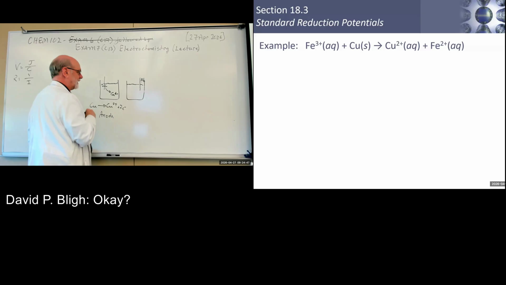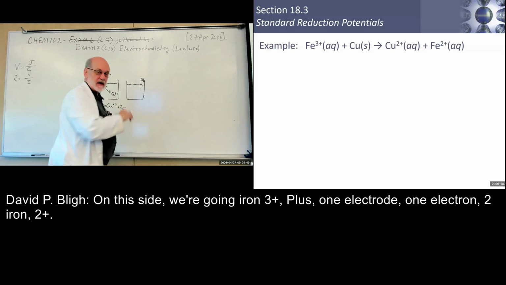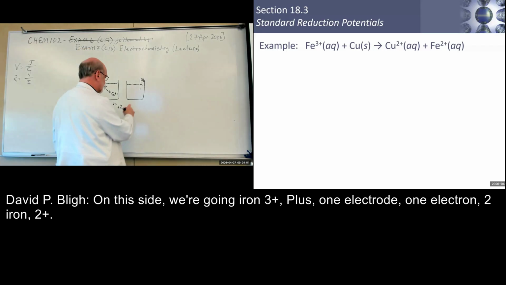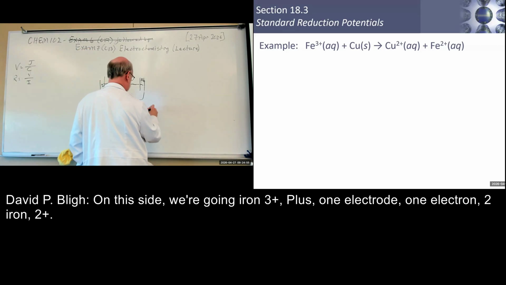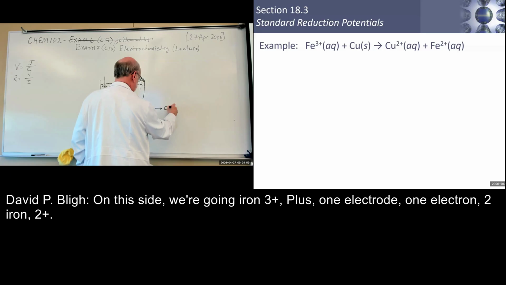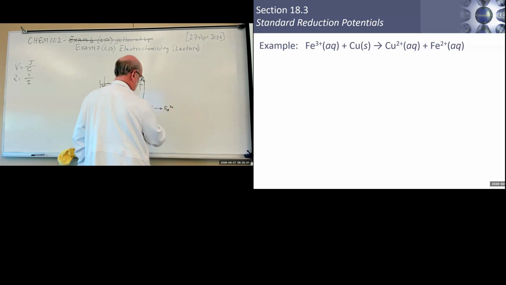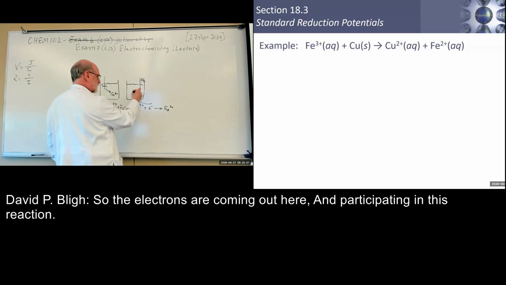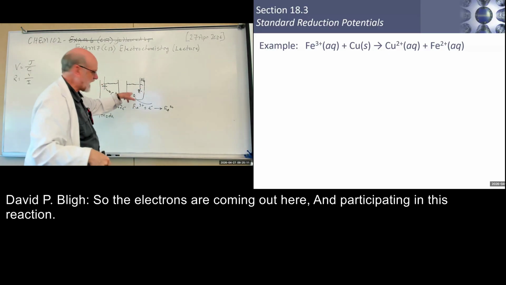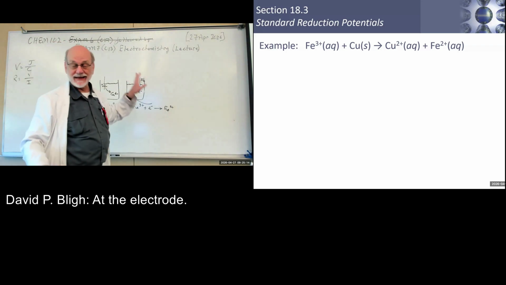On this side, we're going iron 3+ plus one electron to iron 2+. So in this solution, we've got this reaction. The electrons are coming out here and participating in this reaction at the electrode.